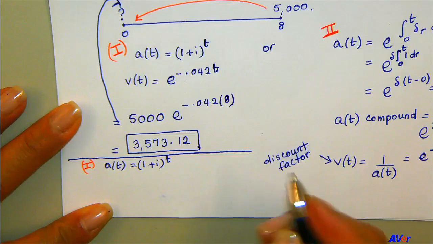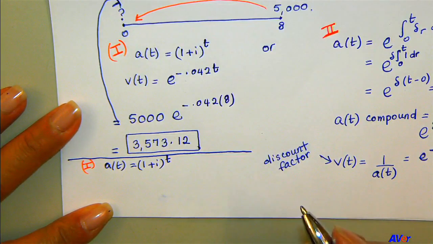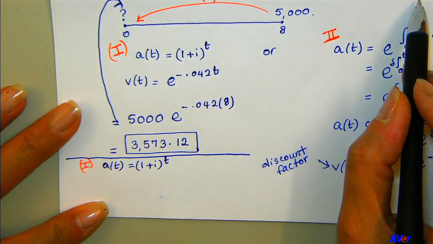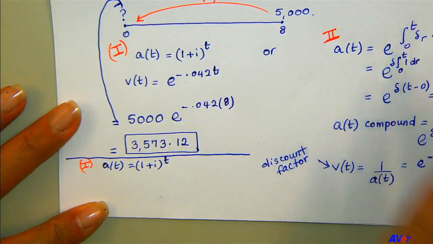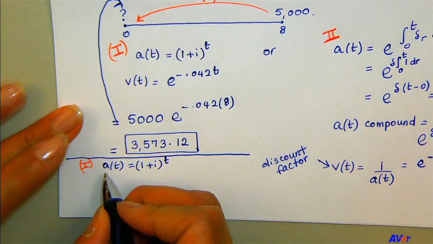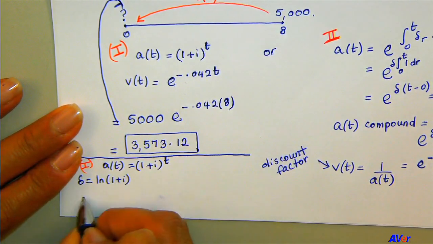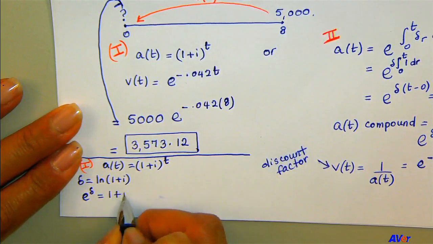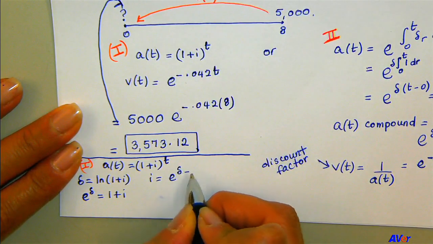What is I? You guys told me that delta is equal to ln of 1 plus I, right? So why don't we take e to the delta equals 1 plus I? Let's write it here. Delta equals ln of 1 plus I, so e to the delta equals 1 plus I. Therefore, I is equal to e to the delta minus 1.